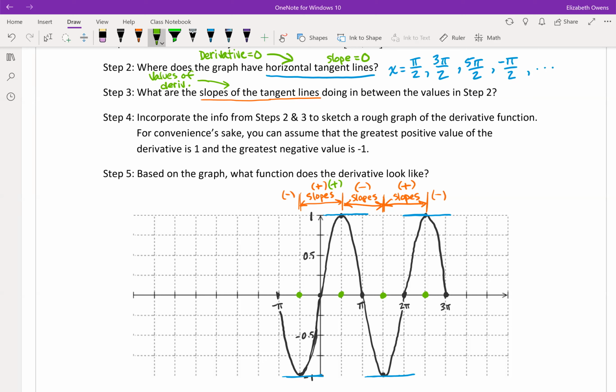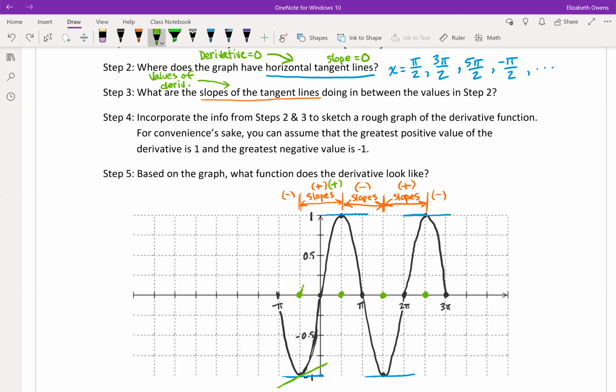But it's not a very large positive value. Our tangent line slope might be something along those lines, not very steep, so pretty small positive. So we might put a small positive value right there.